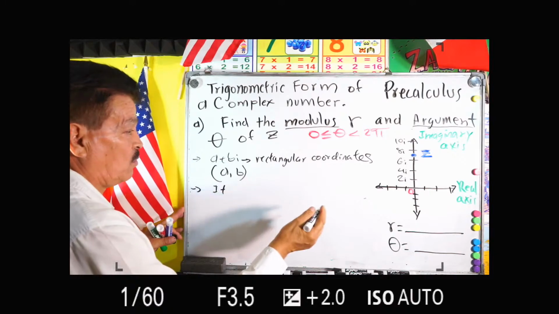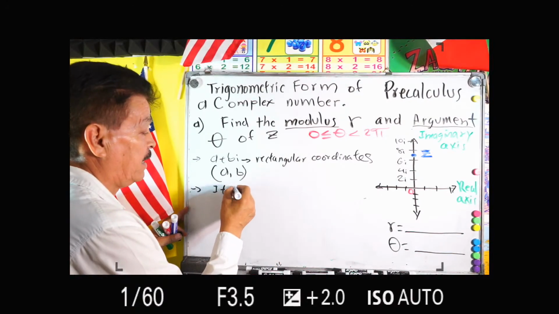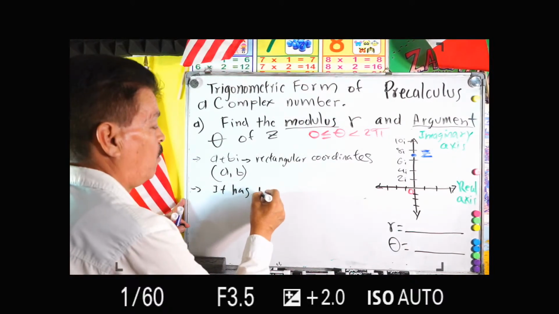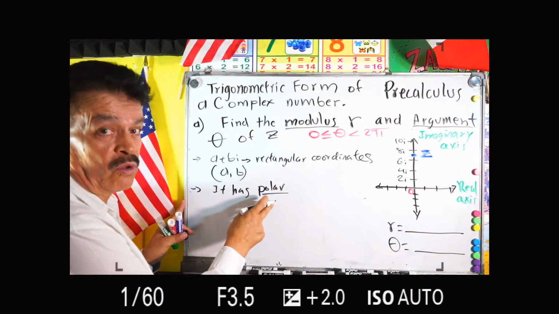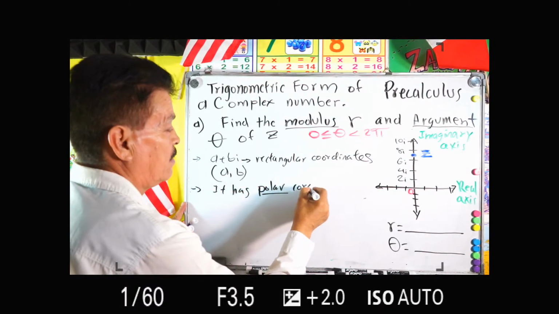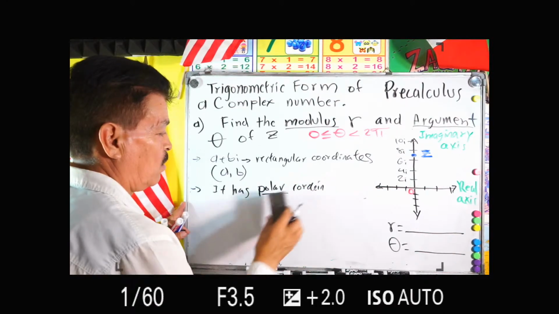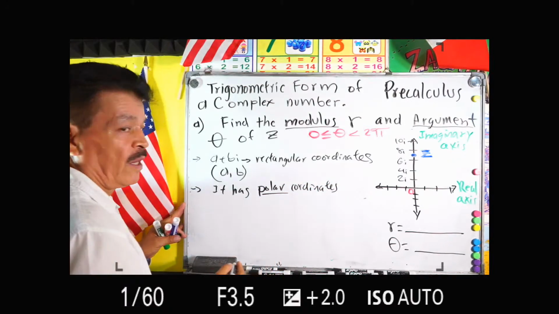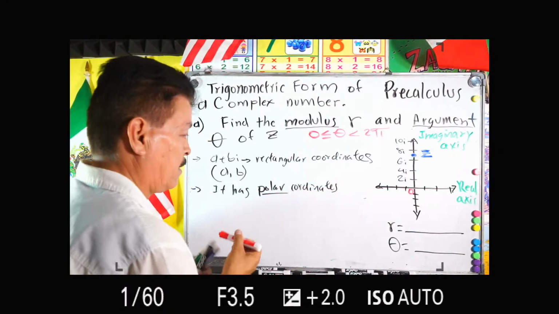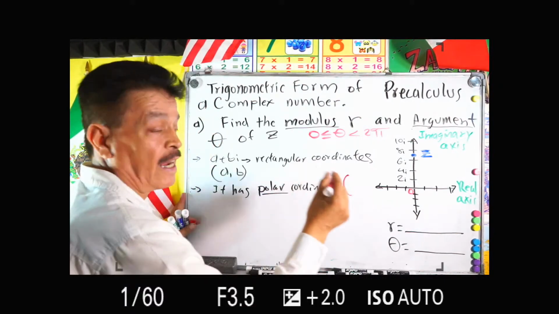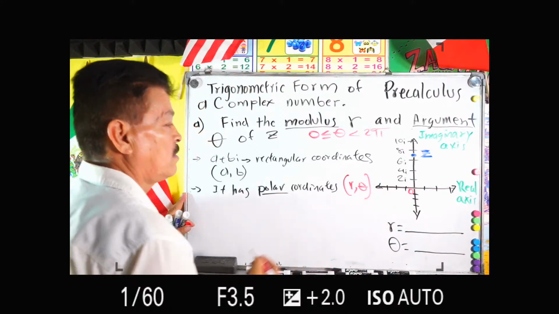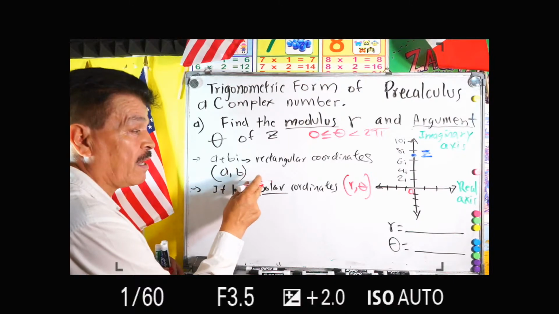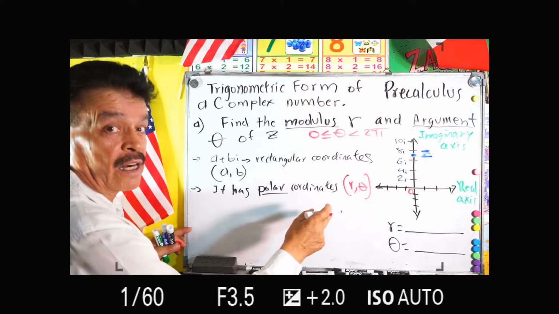The rectangular coordinates are a, b. The polar coordinates are r and the angle. I already made the picture here.